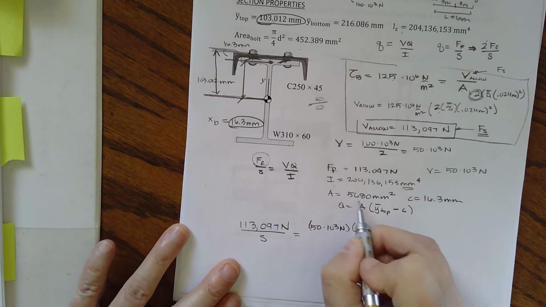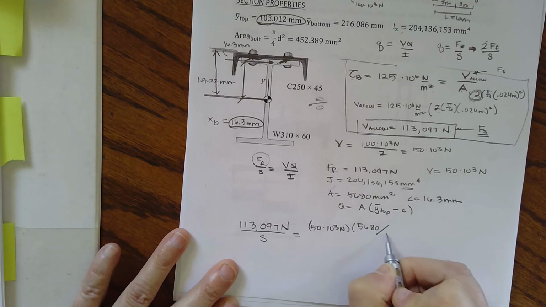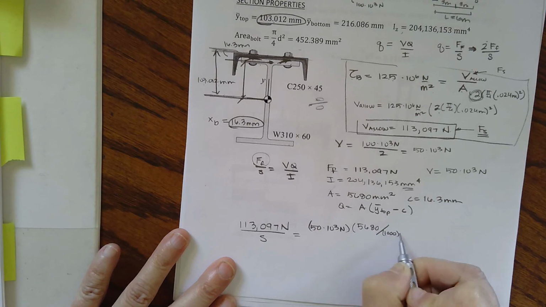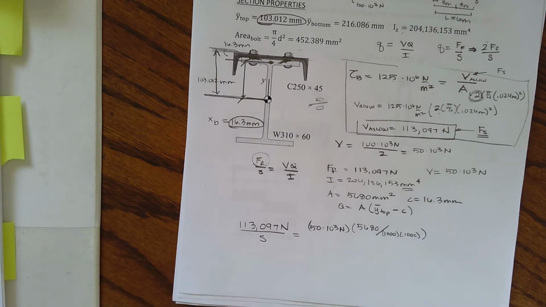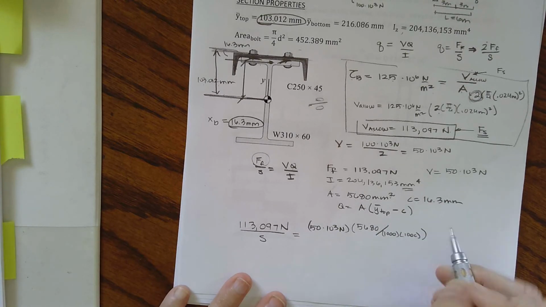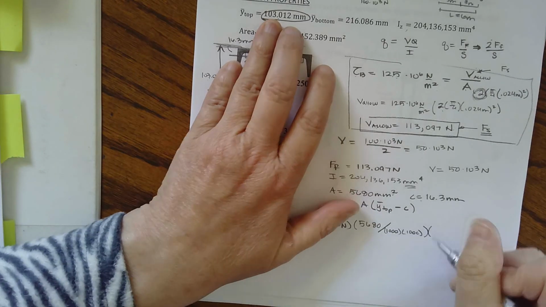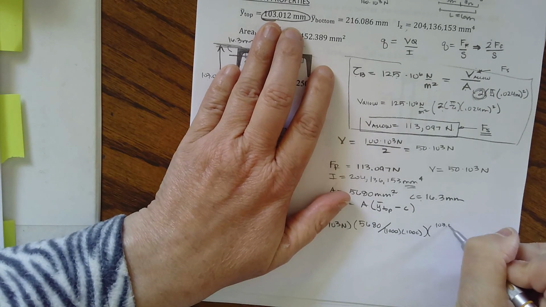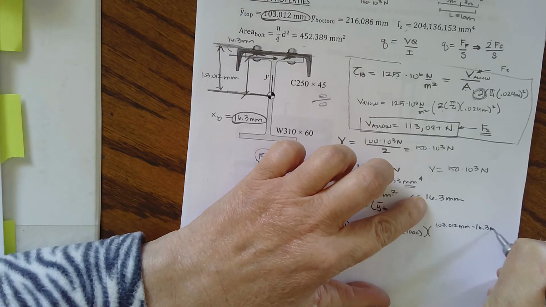When I'm looking at Q, it is the area of the channel. That's what I'm holding on to. That's in millimeters squared. So I'm going to have to divide by 1,000 times 1,000 to get this to meters squared. And then times the distance to the top, 103.012 millimeters minus 16.3 millimeters.